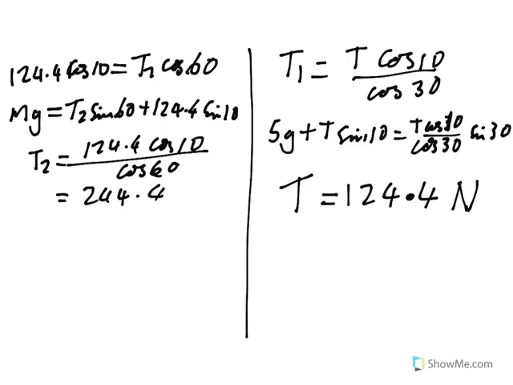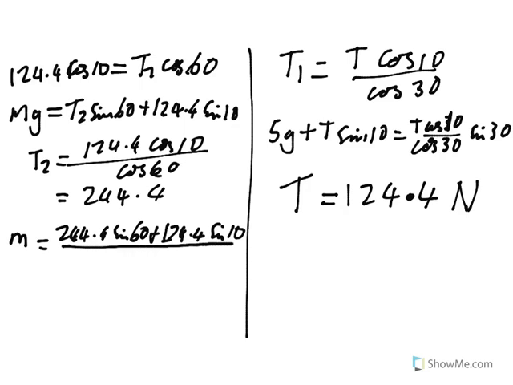And substitute that in and rearrange, and you find that your mass then is 244.4 sin 60 plus 124.4 sin 10 over G, which is 9.8. And you get 23.80 kilograms. And you do that one by hand. Or the simultaneous equation solver should give you the same answer.